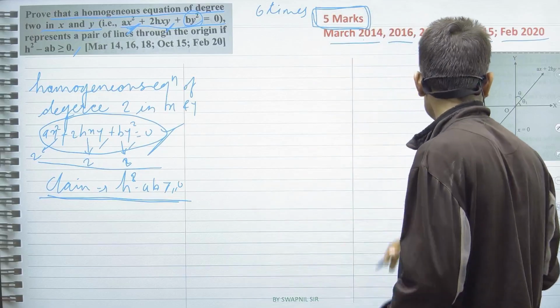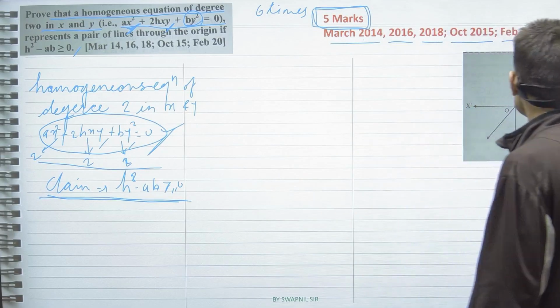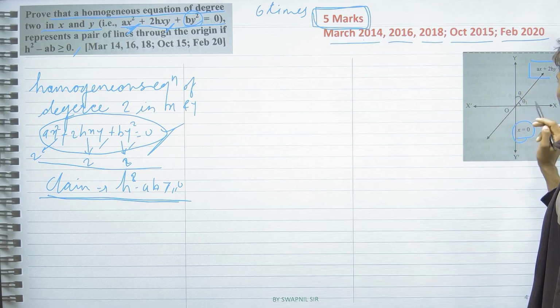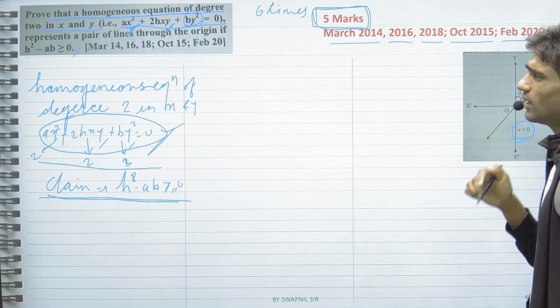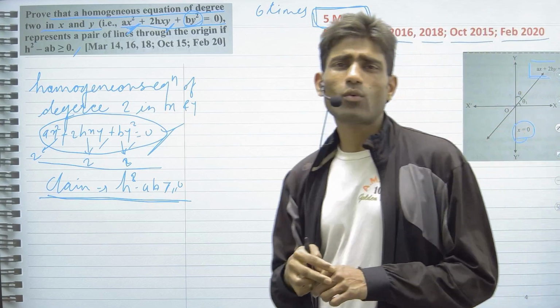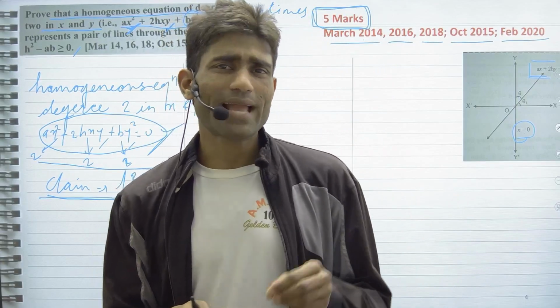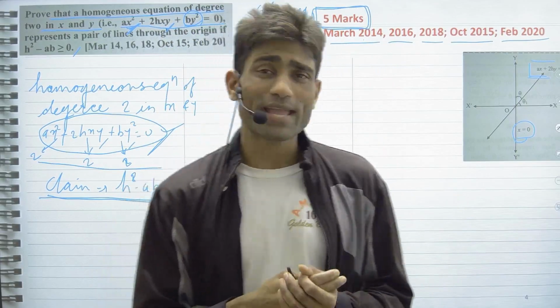As you can see in my figure, ax square plus twice of hxy is plotted here with the line x equal to 0, and we have two thetas given along with the x and y axis. If you want the values of x and y to plot in our xy plane, we have to keep x non-zero.